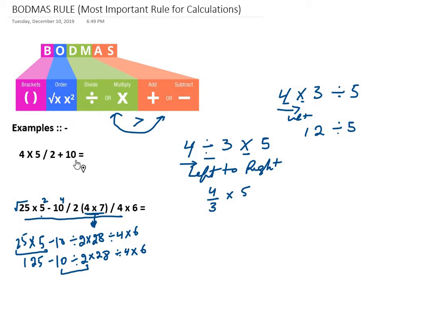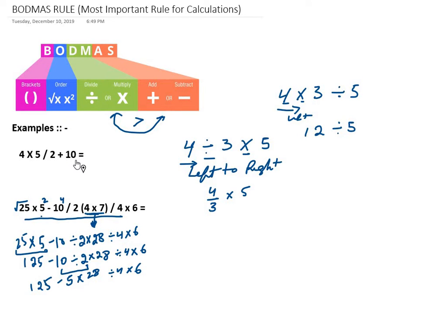So we'll do this thing, and also multiplication is there, but we are moving from left to right. So 125 minus 10 divided by 2 will be 5, then multiplied by 28, divided by 4, multiplied by 6.